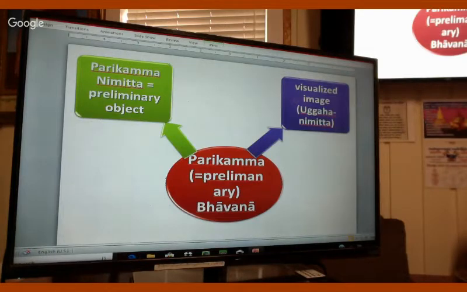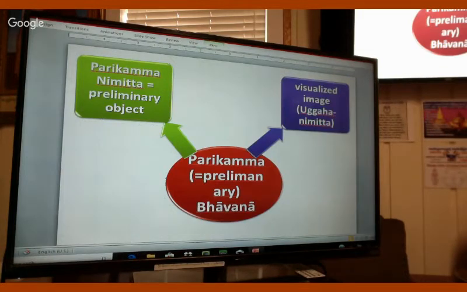Anyway, okay. So here, I would like to talk about the three kinds of bhavana: parikama, upajara, and appana. How do we connect the object for parikama bhavana, the preliminary stage of the practice of meditation?